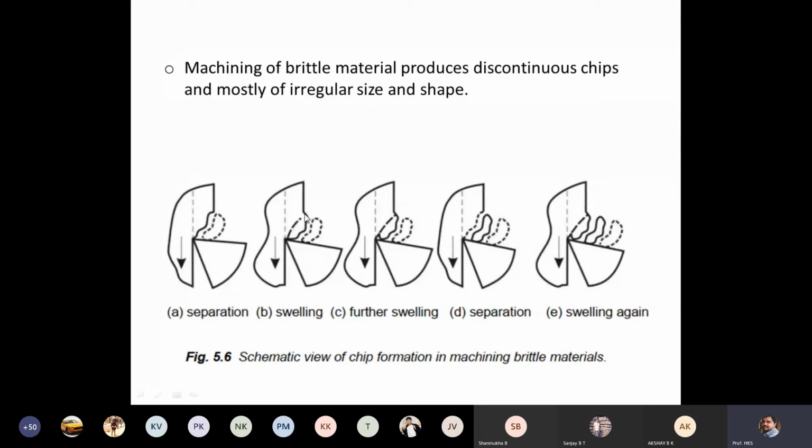This crack will propagate in the minimum resistance path, so that is called swelling. Further swelling means it is again proceeding, and later there will be separation. After one layer of the material is removed in the form of chips, further material will advance, and the same process will be repeated for this layer. Again it will be removed, and again material will proceed like that. So material will be removed in the form of broken chips in case of brittle materials.